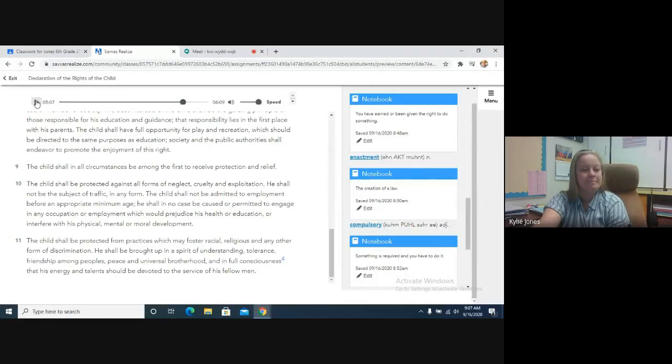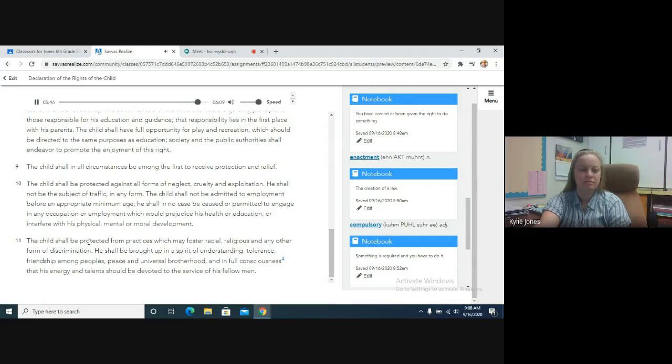Here we go. The child shall in all circumstances be among the first to receive protection and relief. The child shall be protected against all forms of neglect, cruelty, and exploitation. He shall not be the subject of traffic in any form. The child shall not be admitted to employment before an appropriate minimum age. He shall in no case be caused or permitted to engage in any occupation or employment which would prejudice his health or education, or interfere with his physical, mental, or moral development.